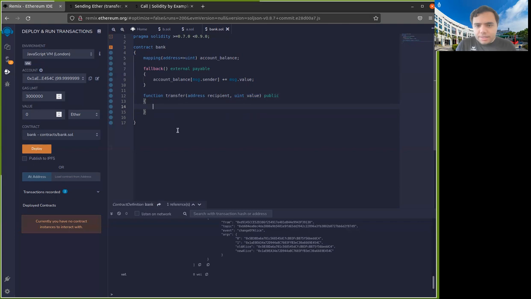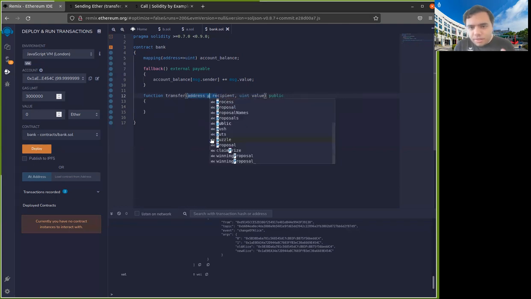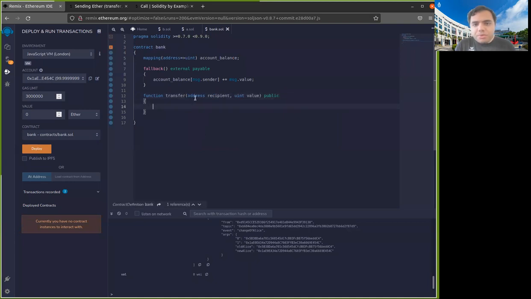Now, as I said before, I want this address to also be not payable. No, sorry. In this case, I don't want to do that. I'm going to do the transfer only by changing the account balance that I have here for the recipient. So I would first require that the sender has enough money. So actually, let's write this down.